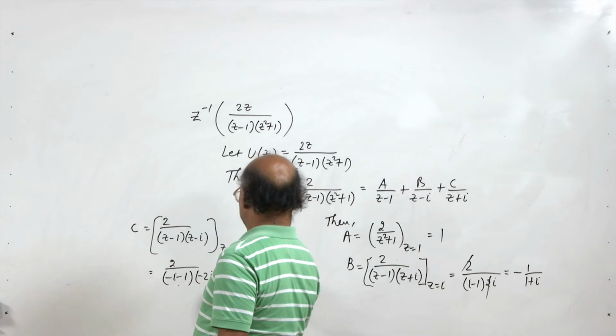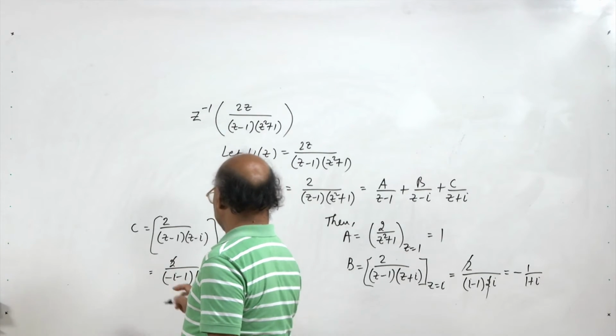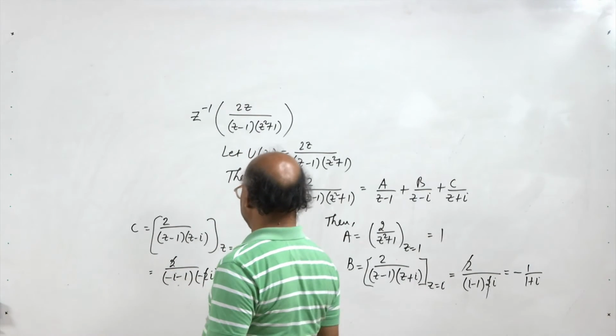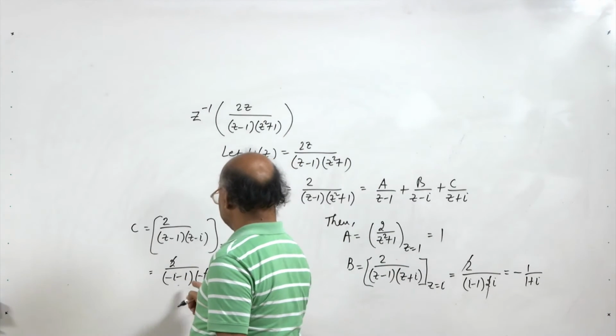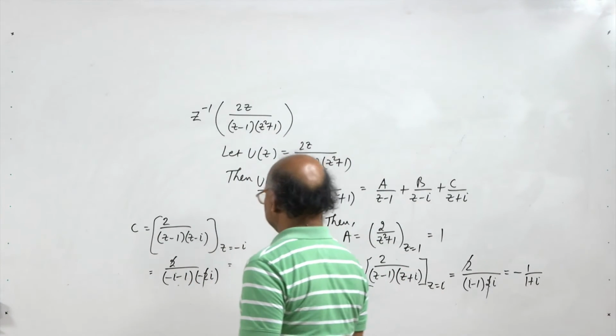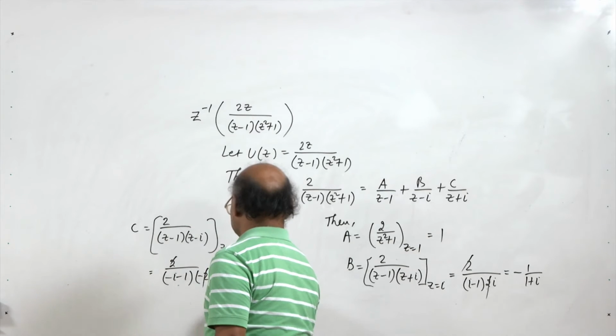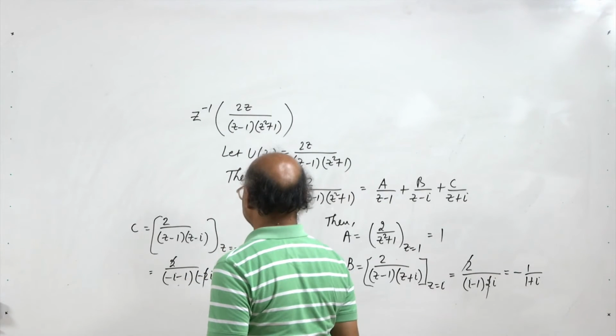So, 2 will cancel with 2 when we multiply by minus i here. So, minus i into minus i is i square, which is minus 1. So, minus 1 and then we get plus i.